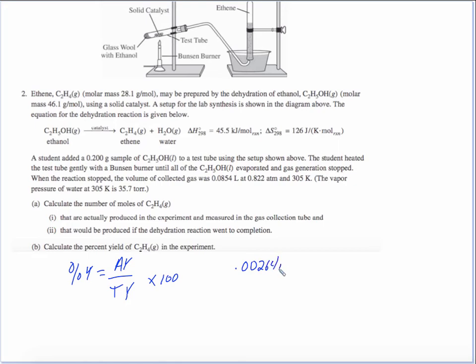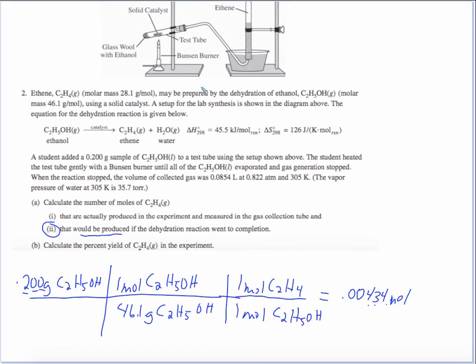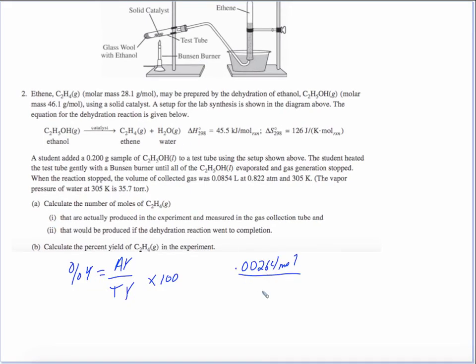So that's 0.00264 moles divided by what we should have gotten, 0.00434 moles, and then we'll multiply that times 100.